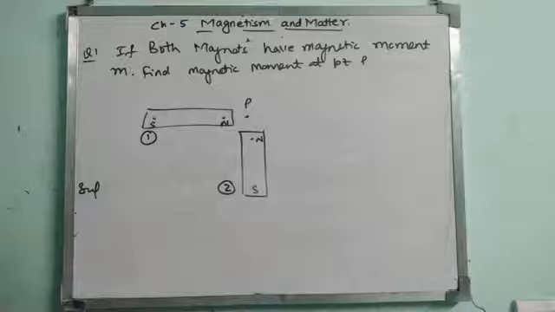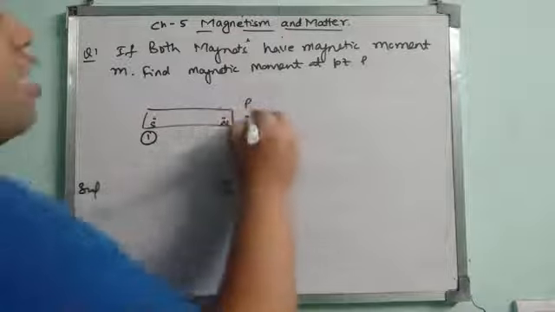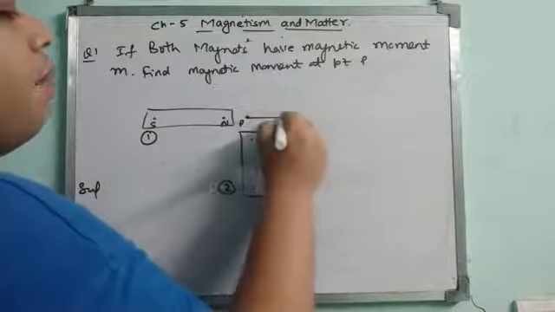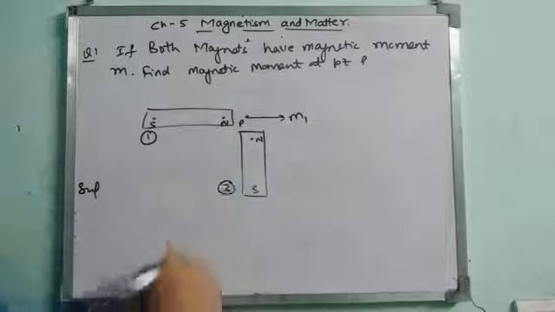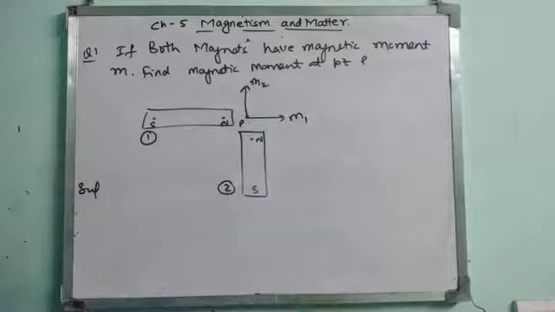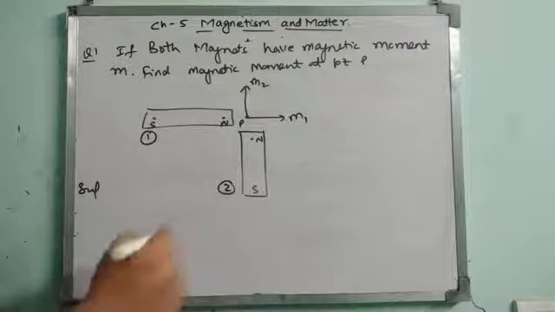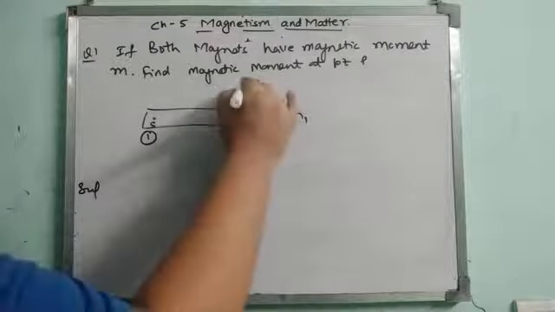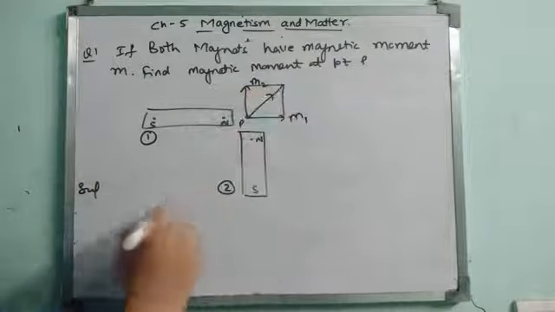As we know, the direction of magnetic moment is from the negative charge to the positive charge. So due to the first magnet, the magnetic moment is towards the right, and due to the second magnet, the magnetic moment is towards the upward direction. Just like dipole moment, magnetic moment is also a vector quantity. So what is the resultant? This is m net.